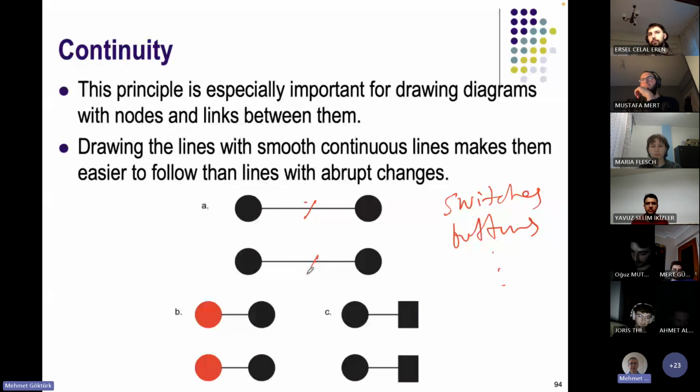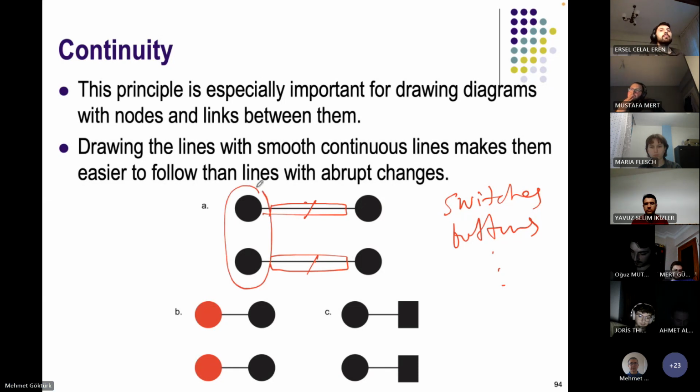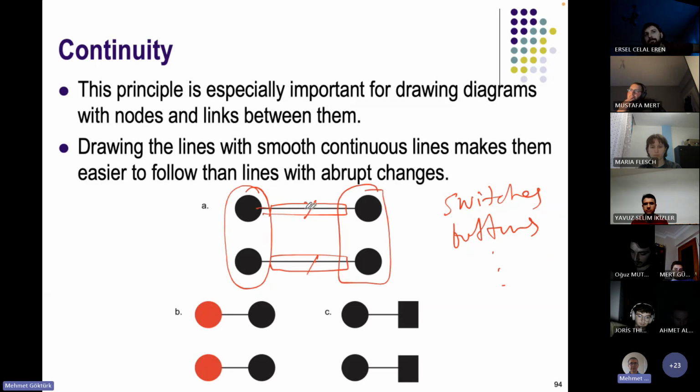If this line doesn't exist, these are perceived as group because they are closer. But when you connect them with a visual line, then this becomes, for example, on, this becomes off, on, off.